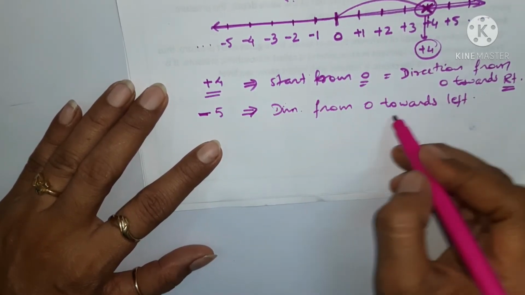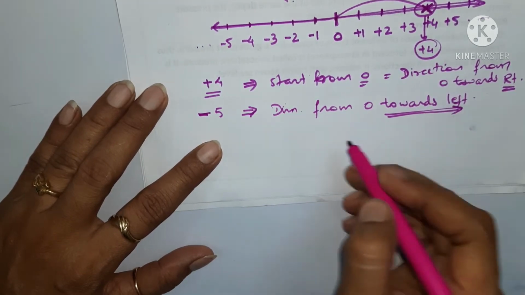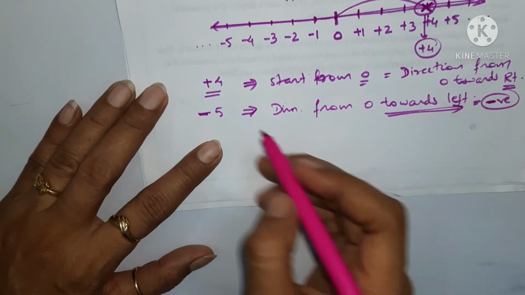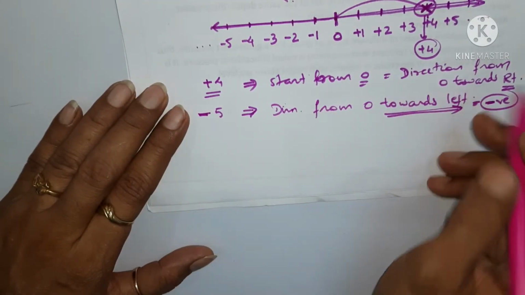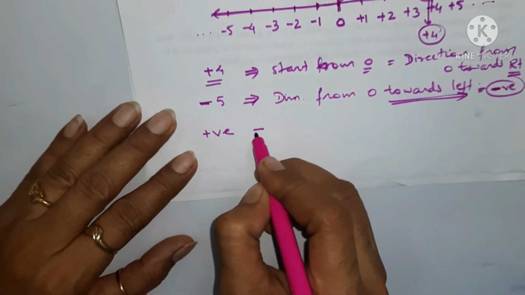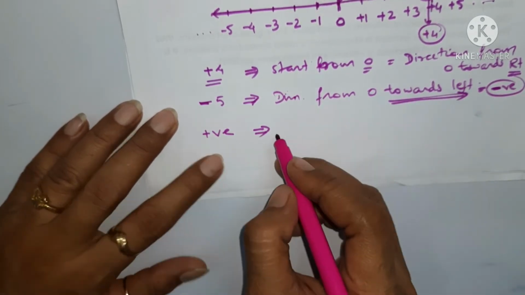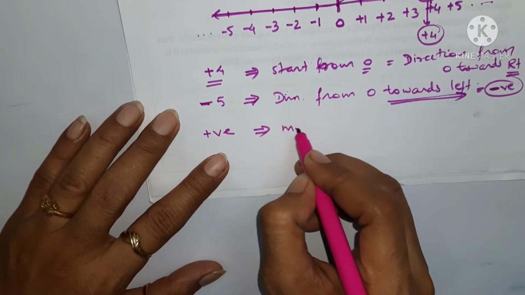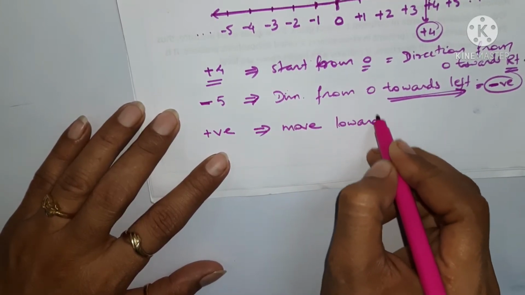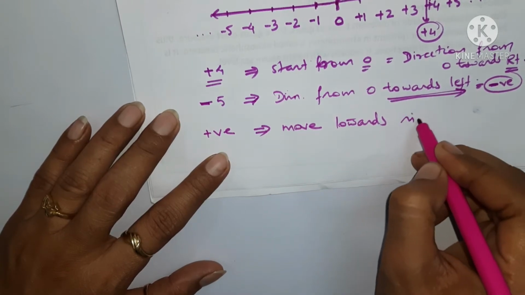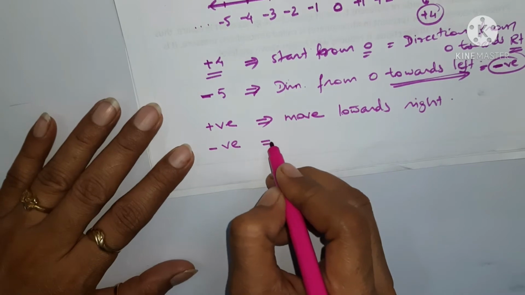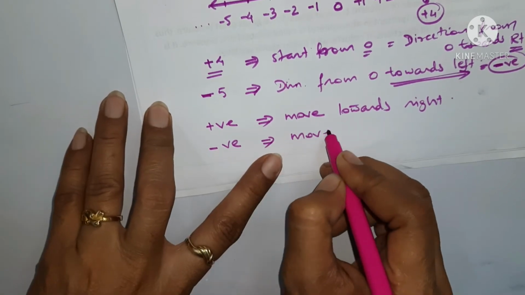Remember, when you have a minus sign, you move left. If a positive sign is there, you have to move towards right. Positive sign means move towards right, and negative sign means move towards left.